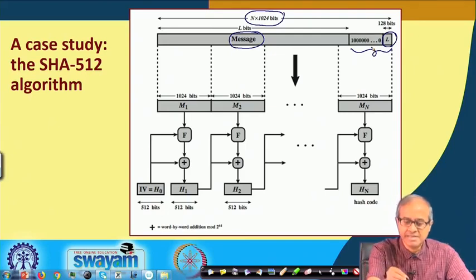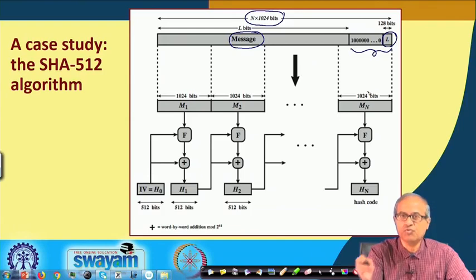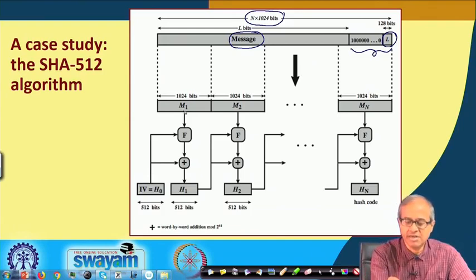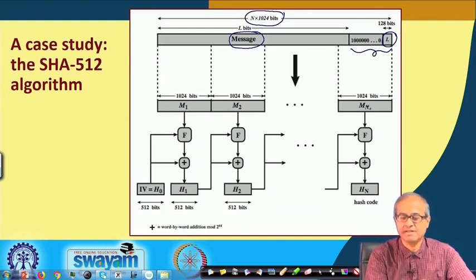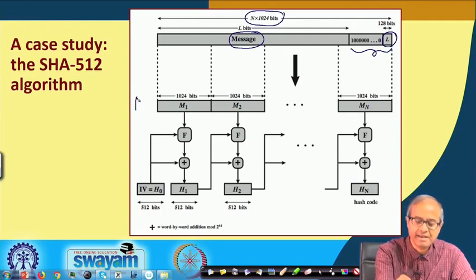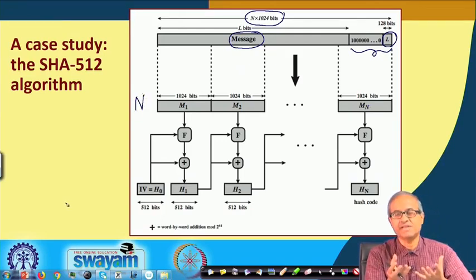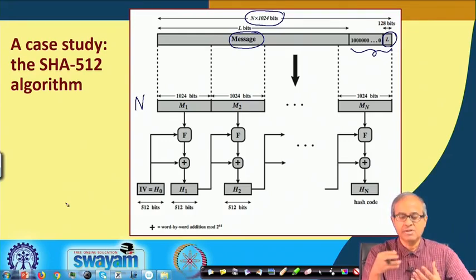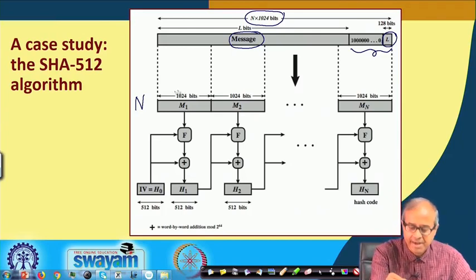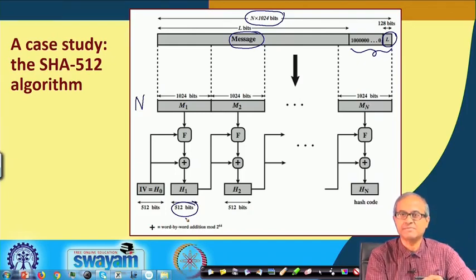Then each of these 1024 bit chunks are called, let us say, M1, M2 to Mn. There are capital N such data blocks or chunks. Now, each of them undergoes the SHA 512 algorithm, and by virtue of this a 512 bit data is generated.